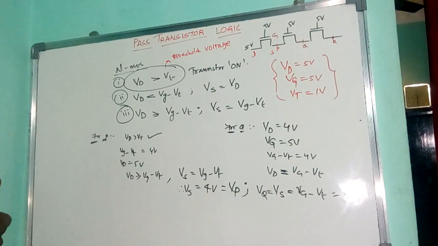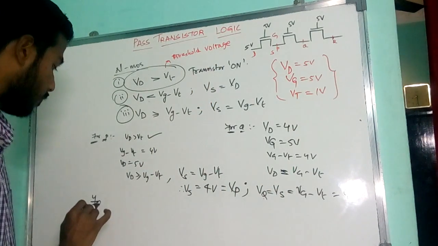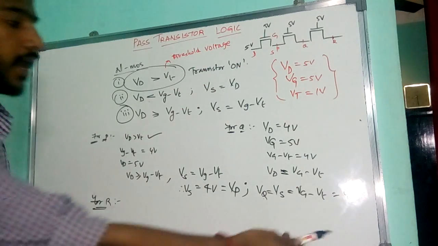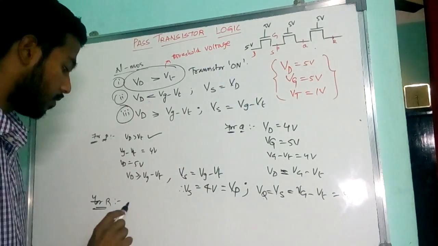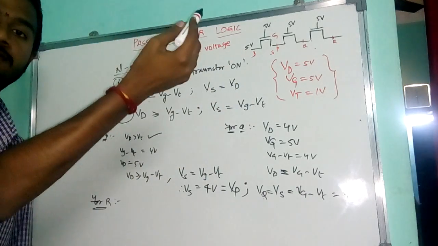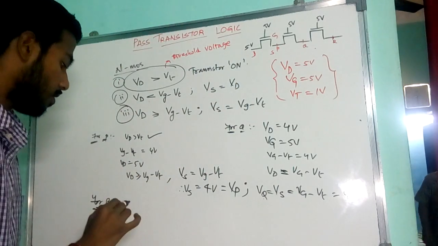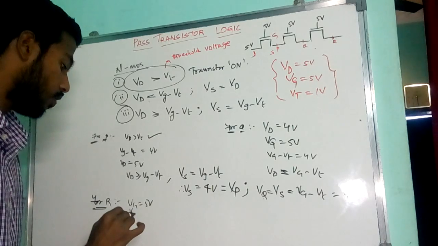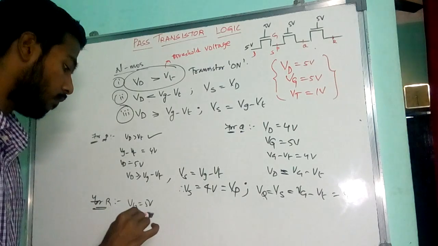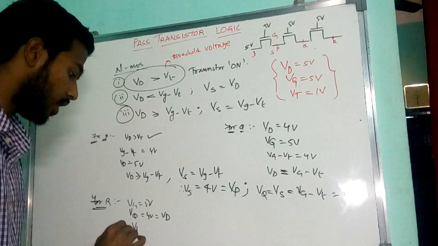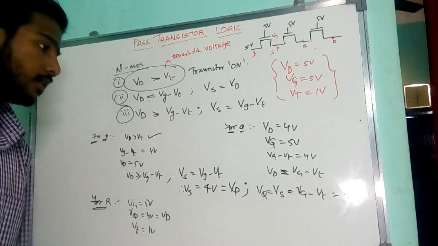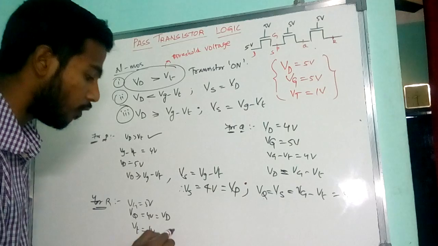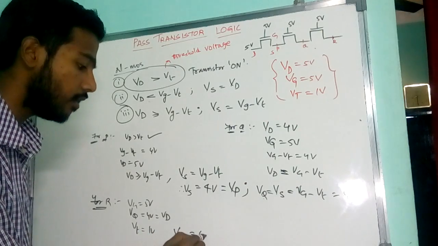Now in a similar fashion, when we go for R, what is my Vq? It is 4, and this is acting as Vd for the last transistor. For Vg 5 volt and Vq equal to 4 volt equal to Vd, Vt equal to 1 volt, these are the same conditions as for Q. So again my output Vr will be 4 volt.